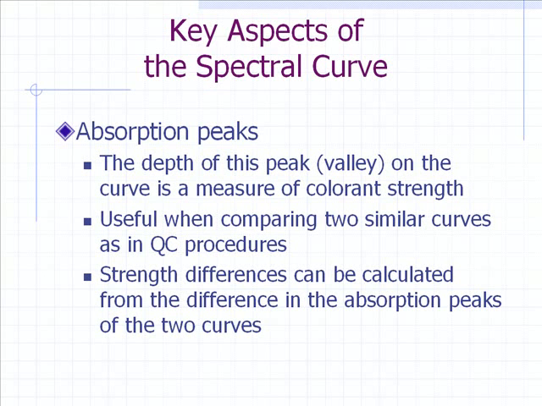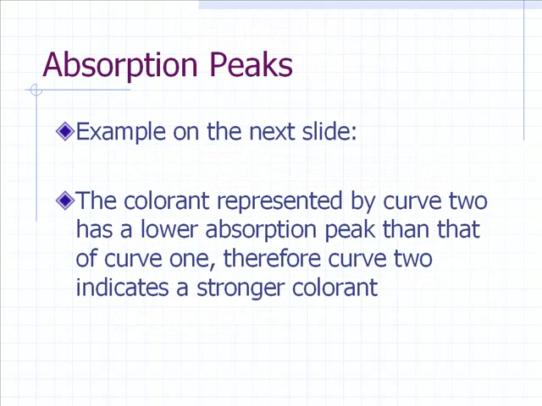We'll look at some examples here. The colorant represented by curve 2 has a lower absorption peak than that of curve 1. Therefore, curve 2 indicates a stronger colorant. And these are, again, just made up curves, but you can see curve 2 goes much lower than curve 1 does.